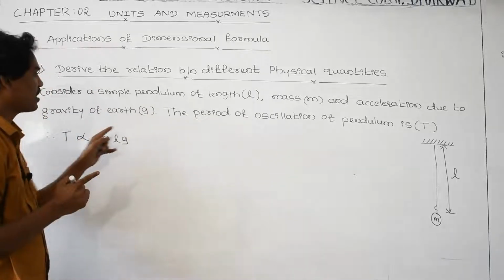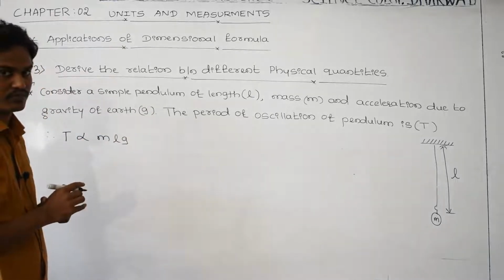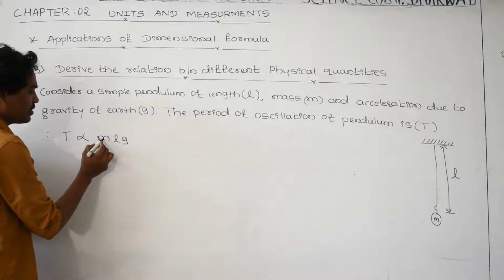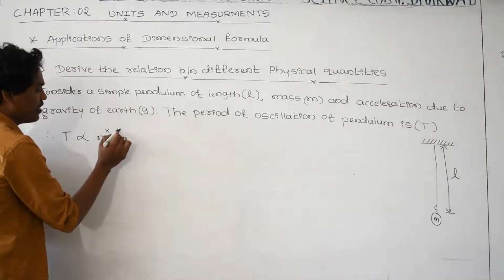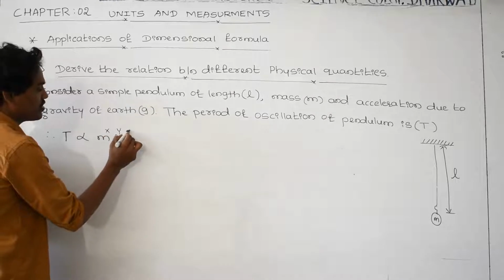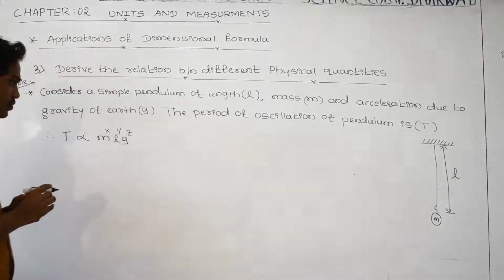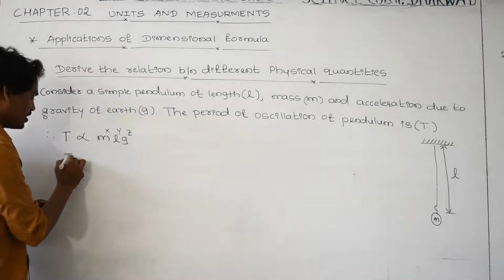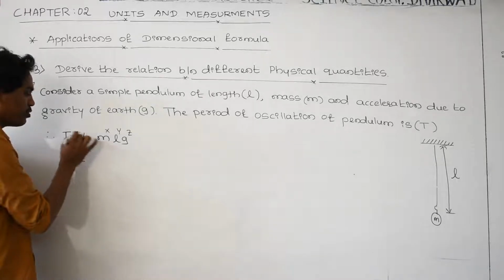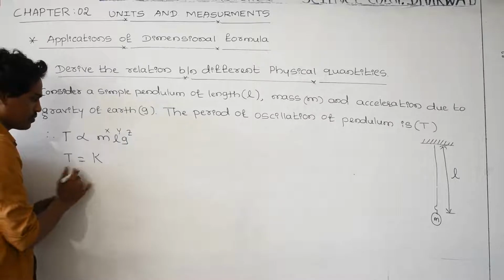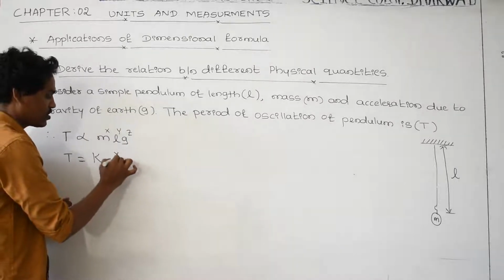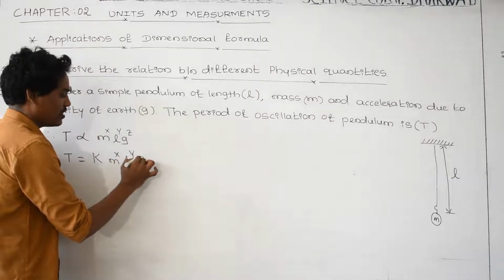T depends upon m, L, g, and I am taking the power of m as x, the power of L as y, and the power of g as z. I am taking these for convenience. Therefore, T is equal to, if you want to remove the proportionality, take the equal symbol and one constant. Then m raised to x, L raised to y and g raised to z.